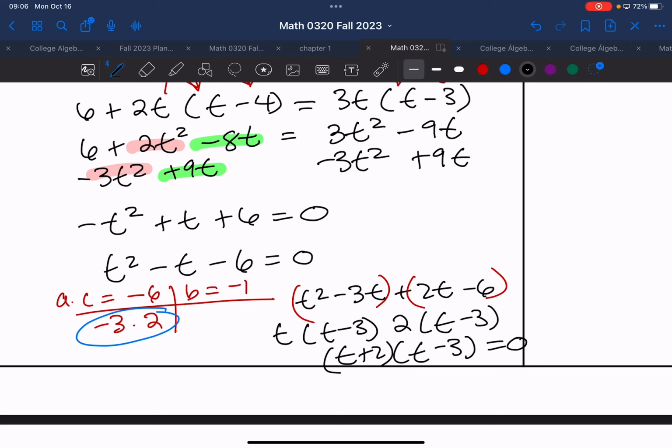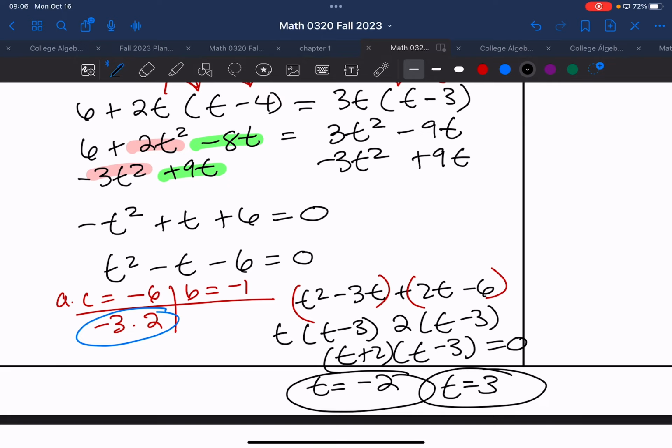So what am I going to do to each factor to get my answers equal to 0? So if I have t plus 2 equals 0, that means our t is going to be what? Negative 2. And if I have t minus 3 equals 0, that means my t is going to be positive 3. Are these my answers?